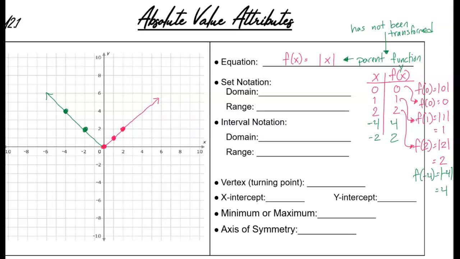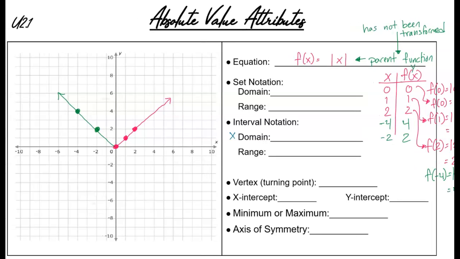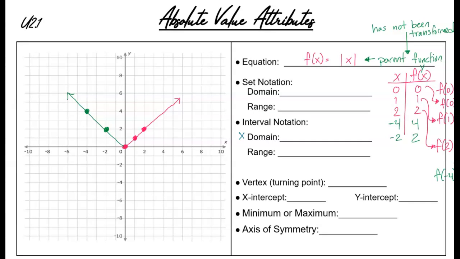Domain, is that our x or y values? That's x. So what is our lowest x value? Is it a positive infinity or a negative infinity? If I'm going to the left along my x-axis, I'm approaching negative infinity.